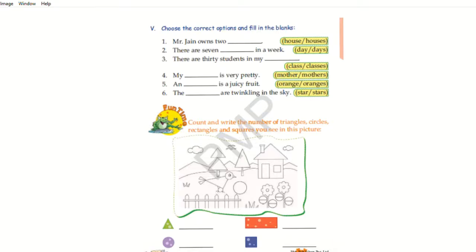Now children, look at the next page for question number 5 and fun time.